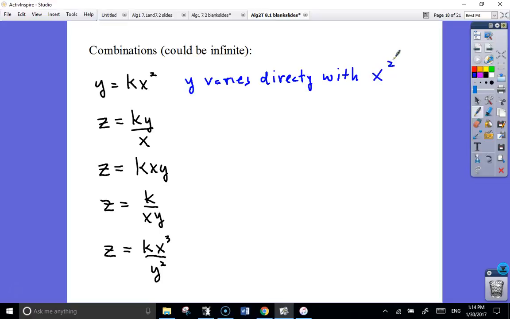Right. The next one looks like z varies directly with y and inversely with x.